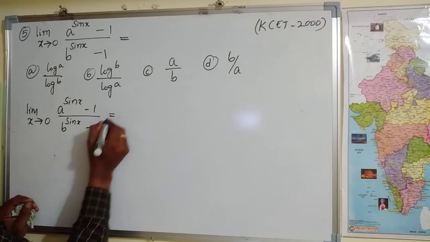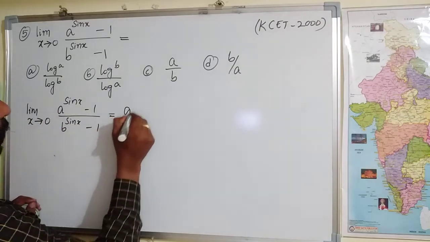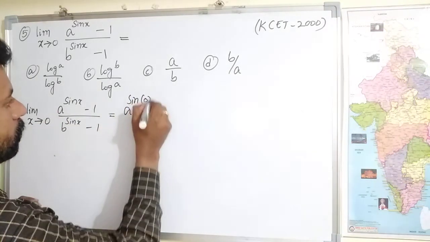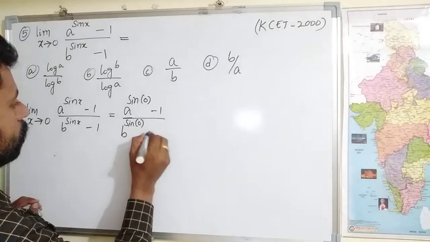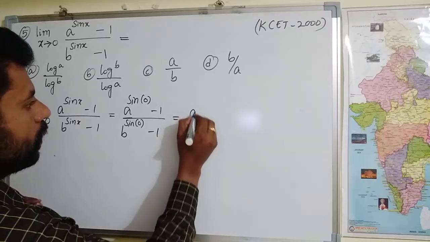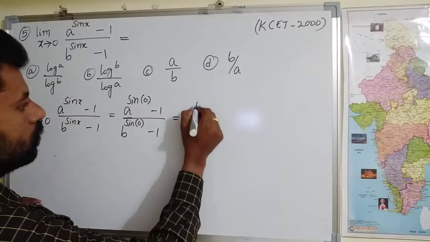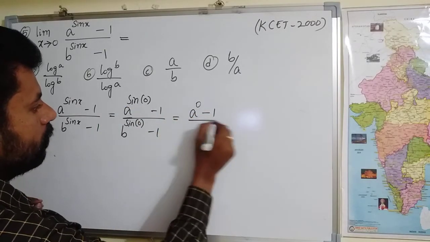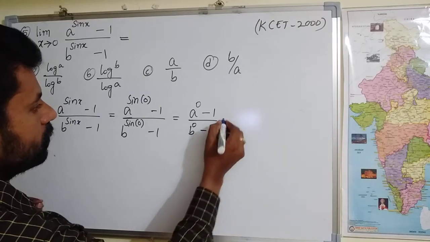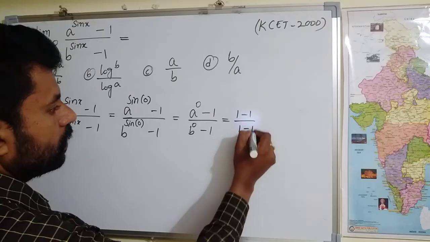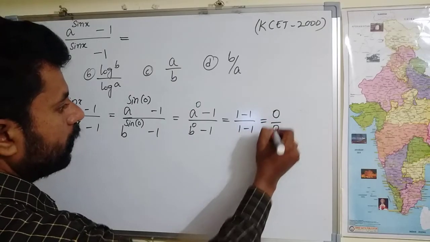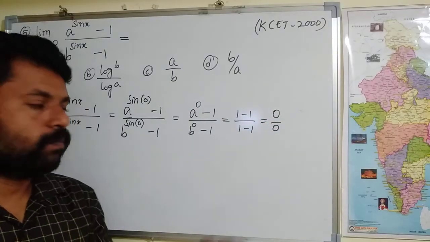This result becomes a to the power sin of 0 minus 1 divided by b to the power sin of 0 minus 1 is equal to a to the power sin of 0 is 0 minus 1 divided by b to the power 0 minus 1 is equal to a to the power 0 is 1, 1 minus 1 divided by 1 minus 1 is equal to 0 by 0 form, indeterminate form.